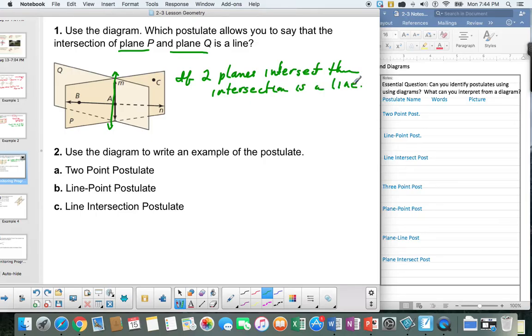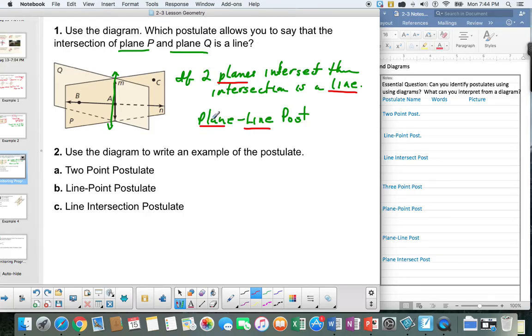Or you can memorize the title, which is the plane line postulate. When 2 planes intersect, you get the line. That's how I remember it. I start off with a plane, I get the idea of a line, and I see these words, and it kind of makes sense to me.